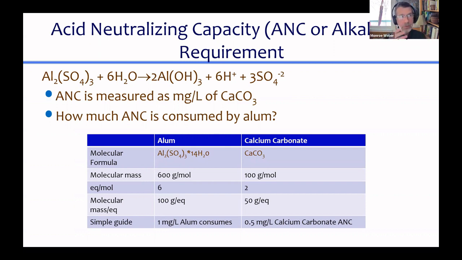And so that base can neutralize the alum when we add it so that the pH doesn't drop too much. But if we add so much alum that it has basically reacted with all the base that's already in the water, then the pH can drop quickly. And if the pH drops too far, then the alum that we add no longer precipitates, and instead it stays in solution.